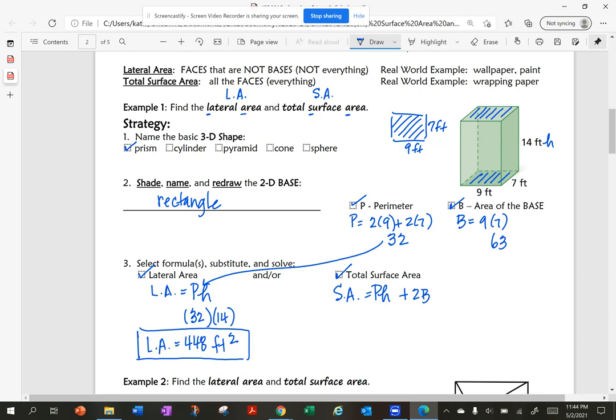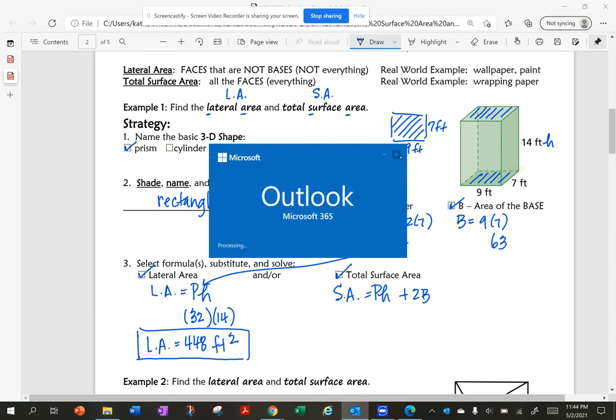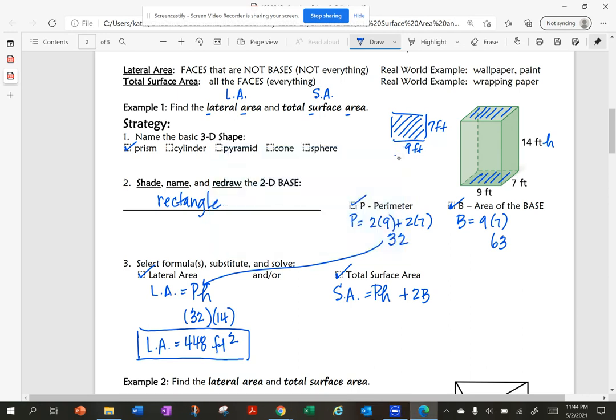Okay, my surface area is now P times H. I just calculated that, so I can substitute here, or I can rewrite it as 32 times 14 plus 2 times 63, where 63 is the area of the base, or my B value.